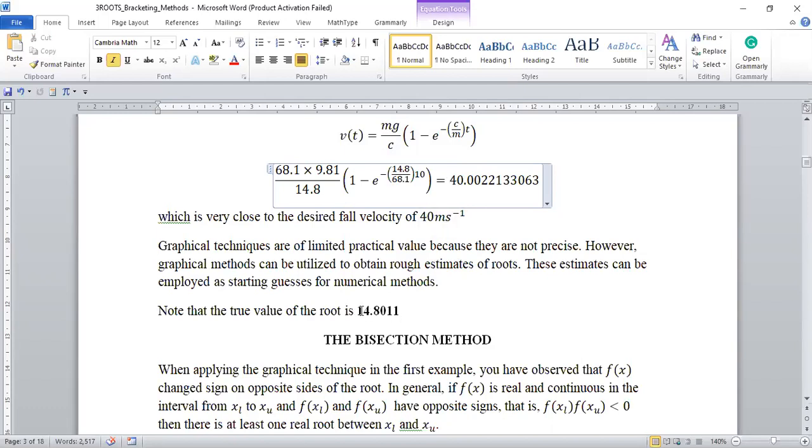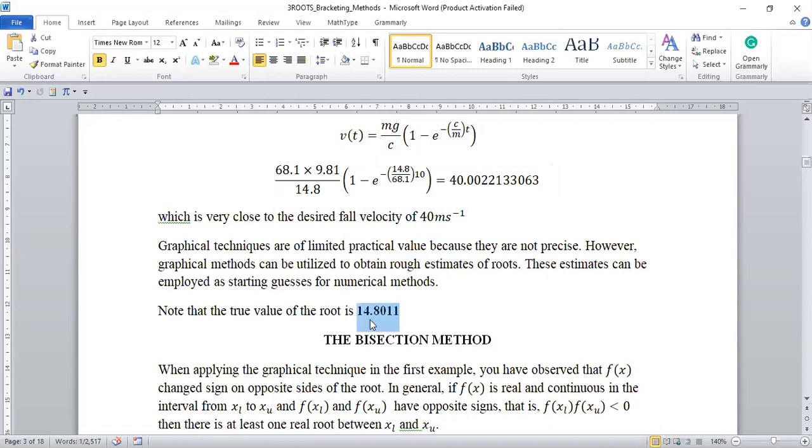So I just want you to note that the true value of the root is 14.8001. For the graphical method, we were able to get 14.8, which means that we are close to the solution. If you ask me how we arrived at this value, we arrived at it by trial and error because, like I said, there's no analytical solution.